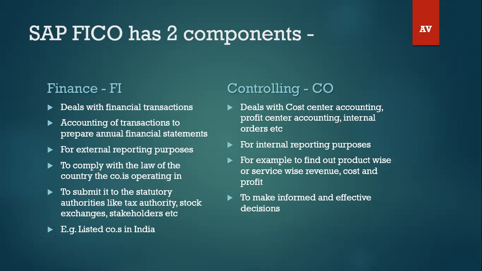All these requirements can be met through controlling, and the reports generated through the controlling module are not going to be used externally; there is no requirement to submit those reports to external agencies.